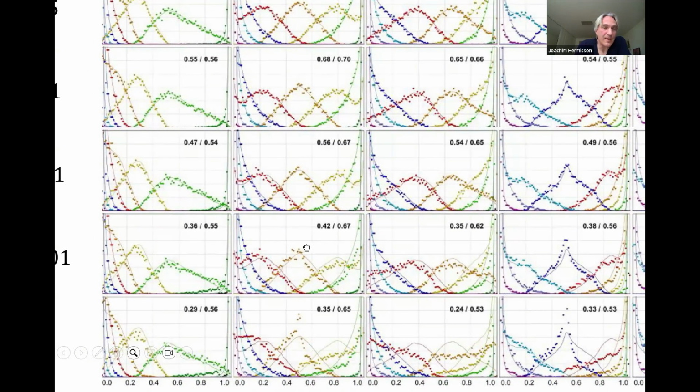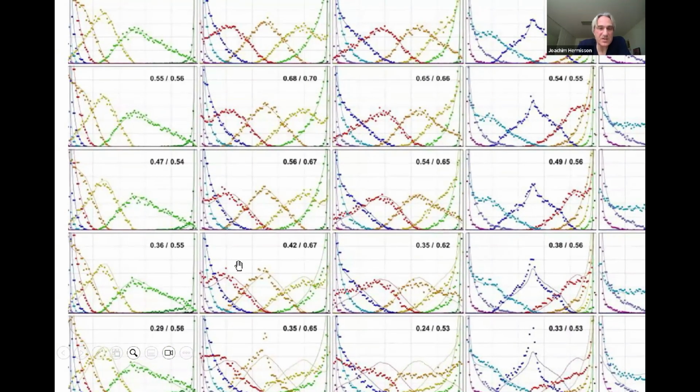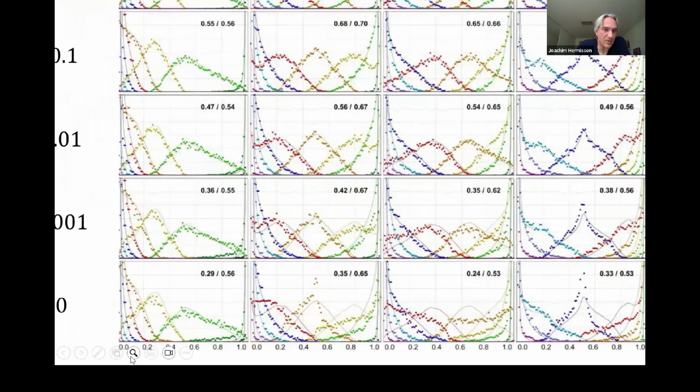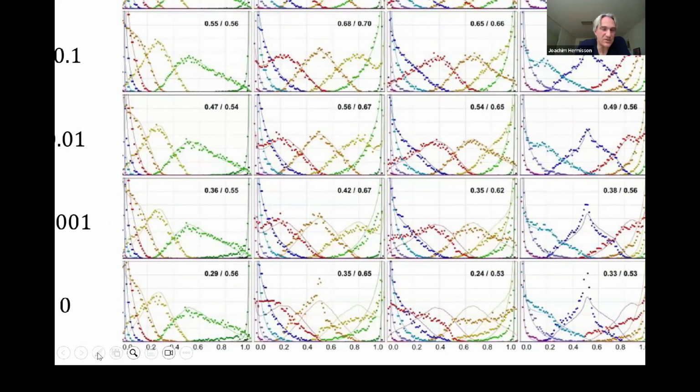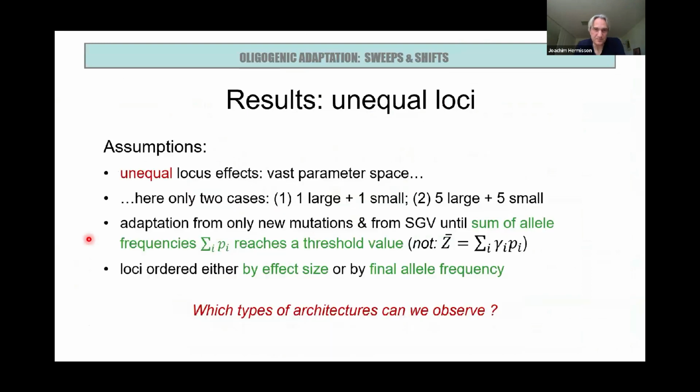So linkage certainly does play a role, but it just doesn't show up very strongly in these patterns until we really have complete linkage. So this is just to say we've ignored linkage, but it largely doesn't matter.